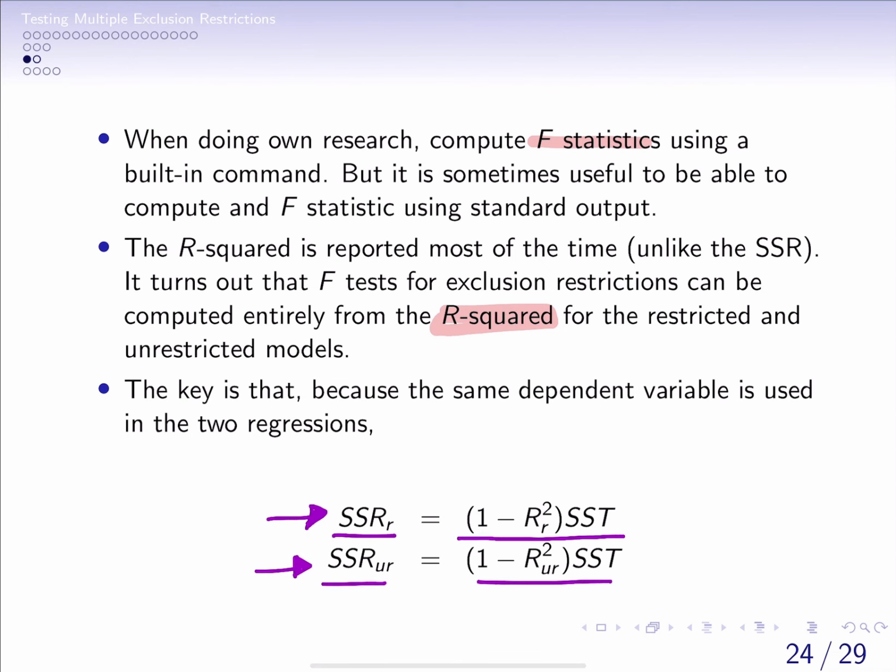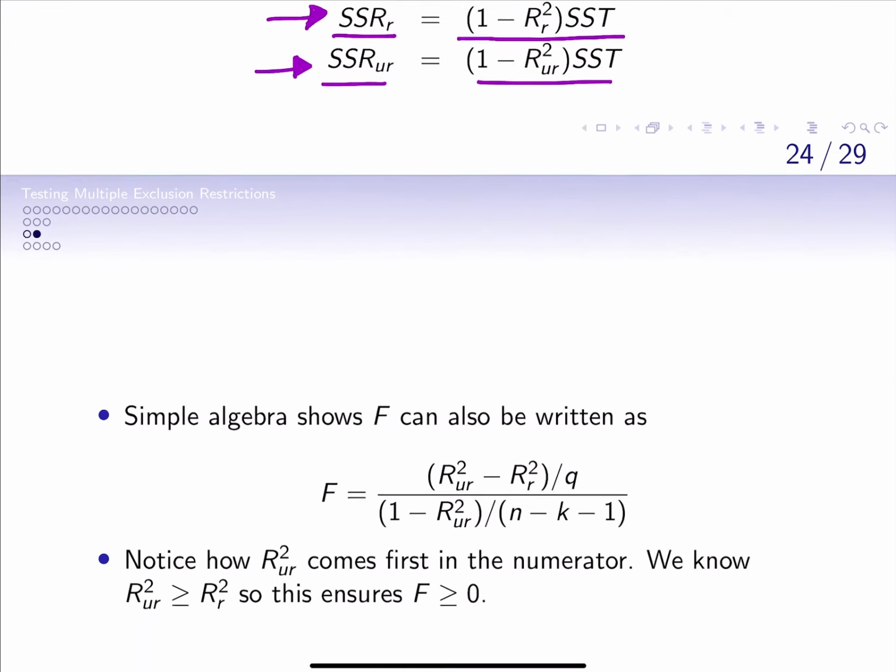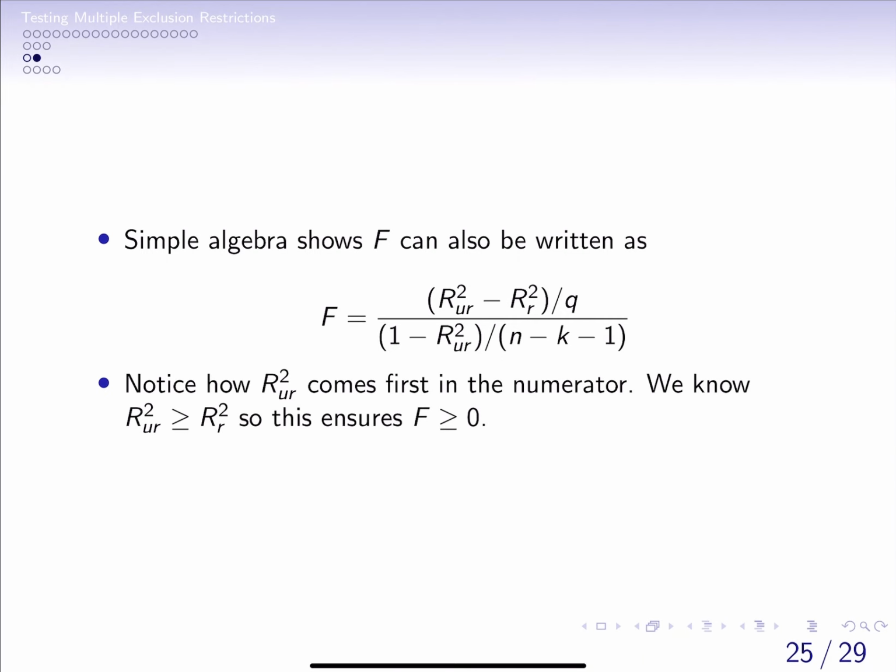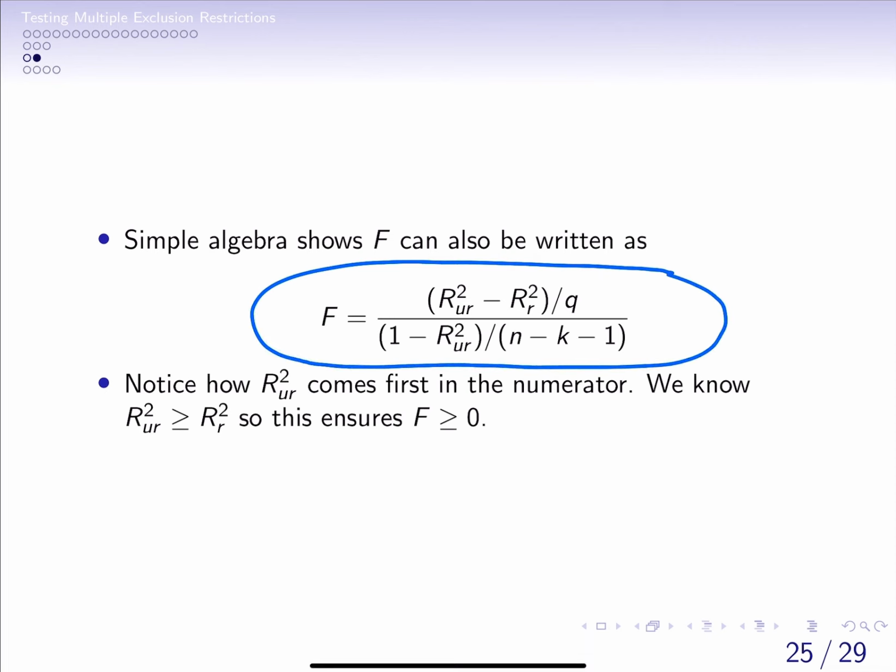So if we make those substitutions in the F statistic formula, we will find that the F statistic can be written in this form, where in the numerator we have the difference between the R-squared, which is going to be higher for the unrestricted regression, minus the R-squared from the restricted regression, and in the denominator you're going to have 1 minus R-squared from your unrestricted regression.